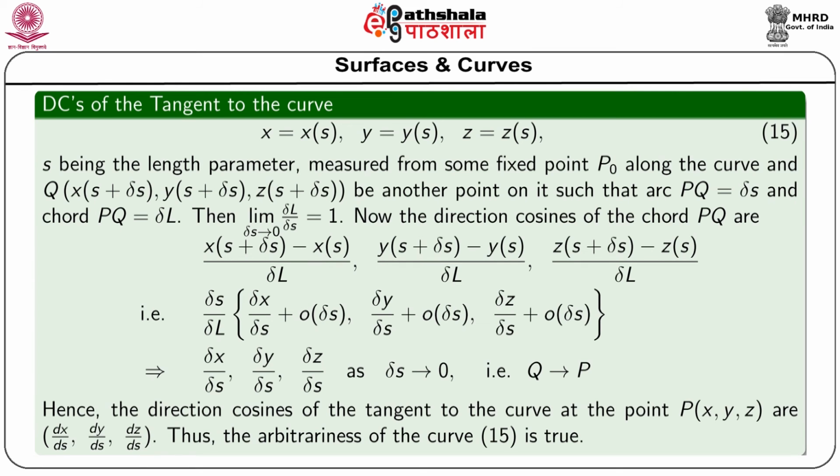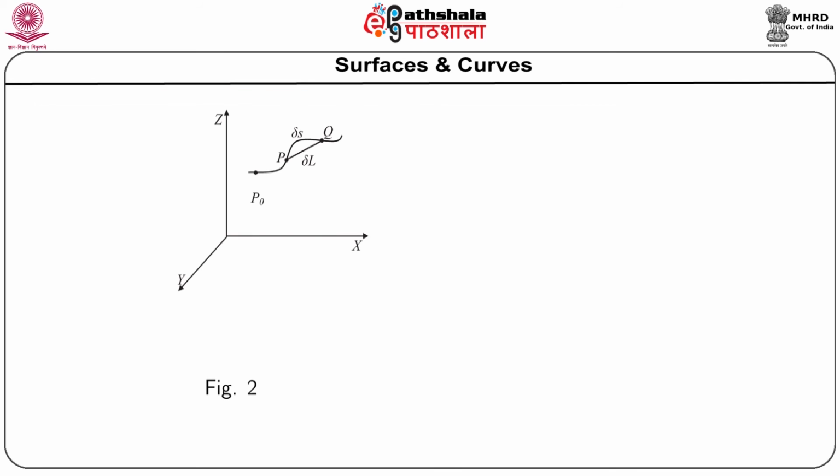So that the arc length PQ is delta s and the chord PQ is delta L. If you see the picture, this is the point P whose coordinates are x, y, z with parameter value s, and Q is a point neighboring to the point P, corresponding to the parameter value s plus delta s, and this is the chord PQ and this is the arc PQ. So, arc PQ is delta s and chord PQ is delta L.